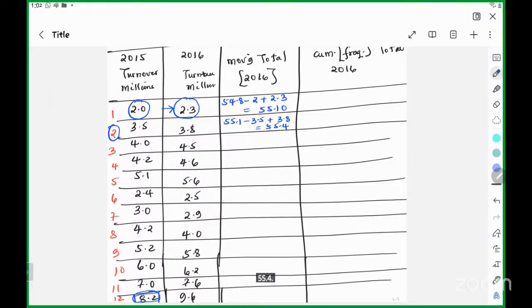55.4. Okay. Do some people have some totals? We put them. Okay.